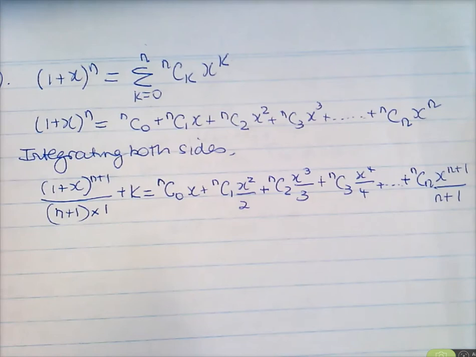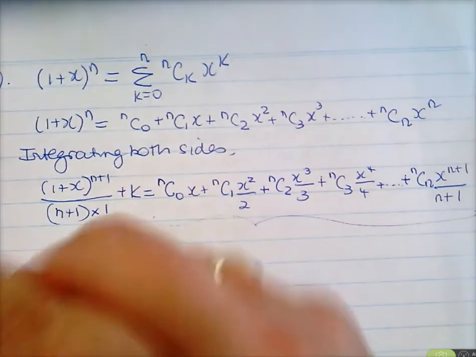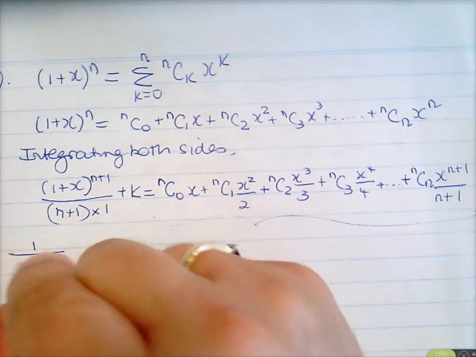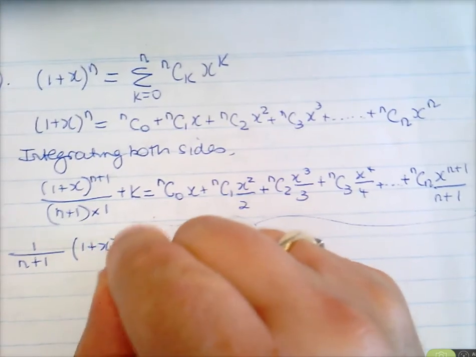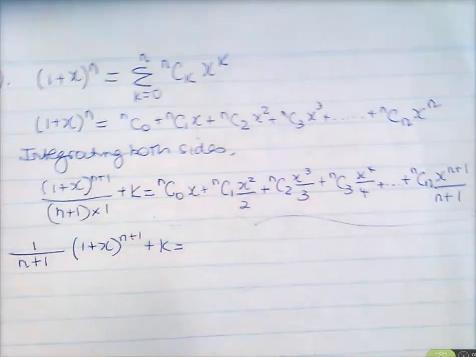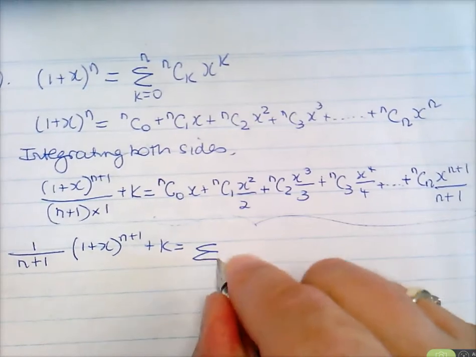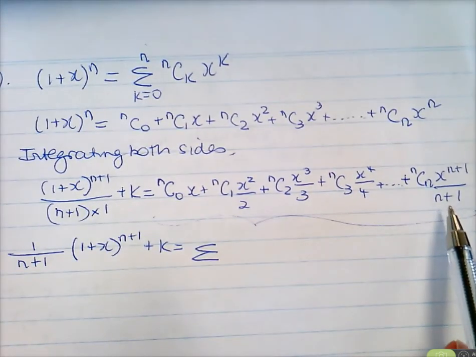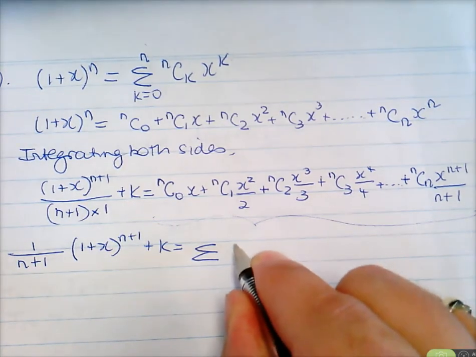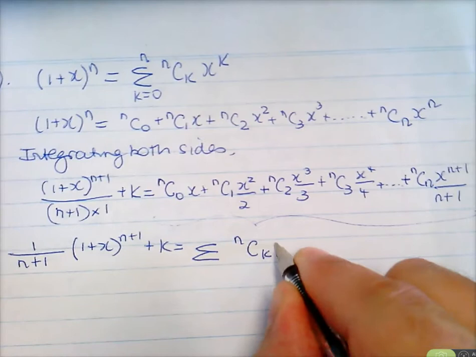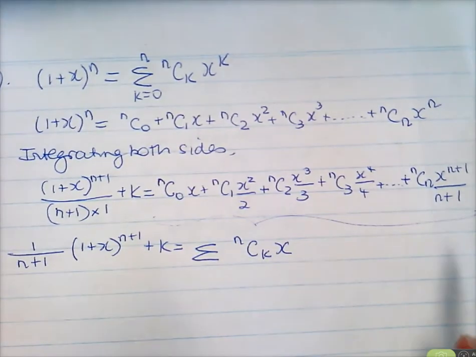So we've integrated both sides of the identity. We still haven't shown the result that they want because we have to condense this back down to summation notation. So that happens to be 1 over n plus 1, just writing it the way that they want, 1 plus x to the n plus 1, plus k equals. Doing it with summation notation, it's easy to look at the last term. So it'll be the sum of nCk x to the, it's not n plus 1.